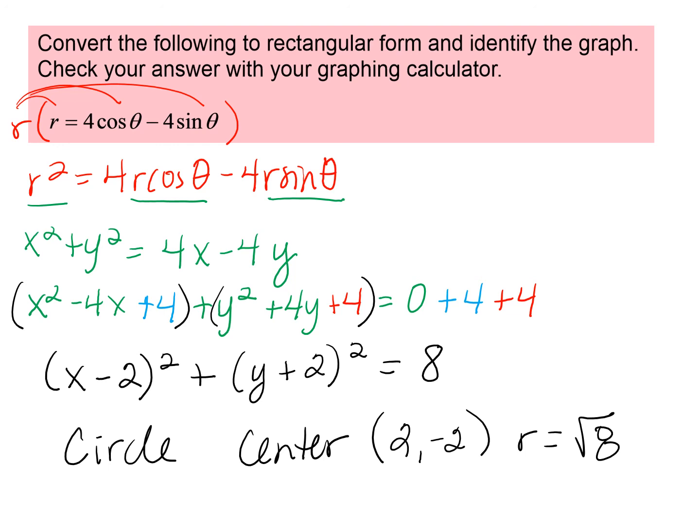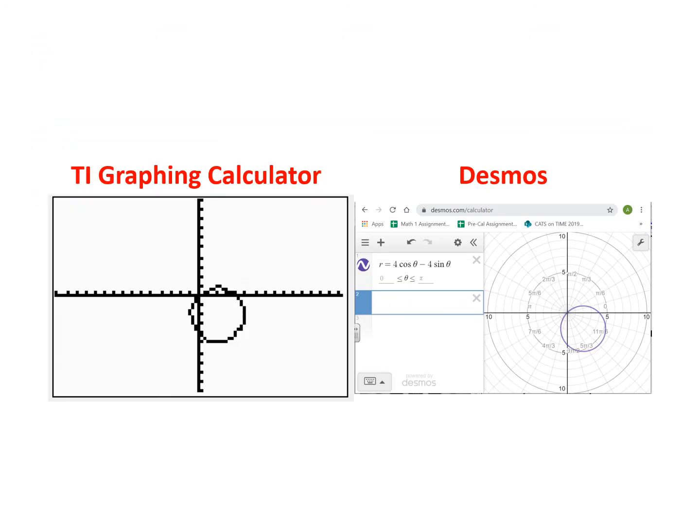And I believe on the next slide, I have the graph done for you in both Desmos and TI. So hopefully those look somewhat accurate. Center being at positive 2, negative 2, and a radius of almost 3.